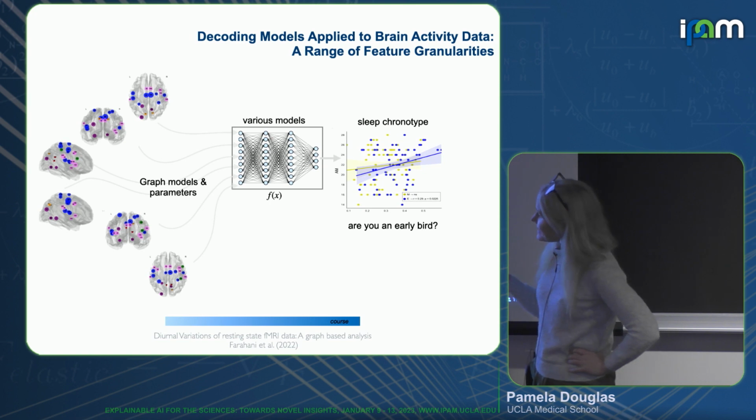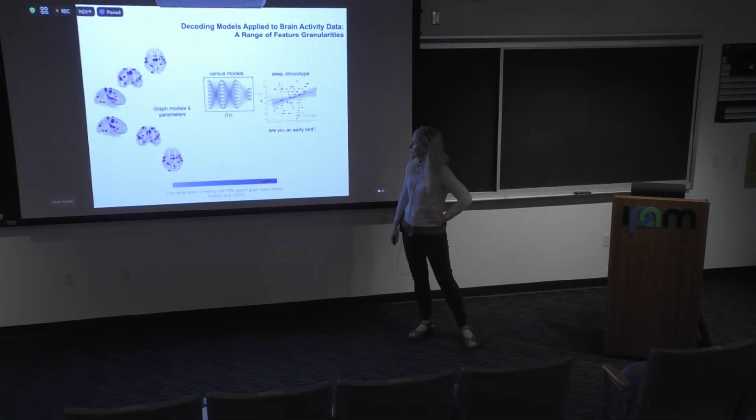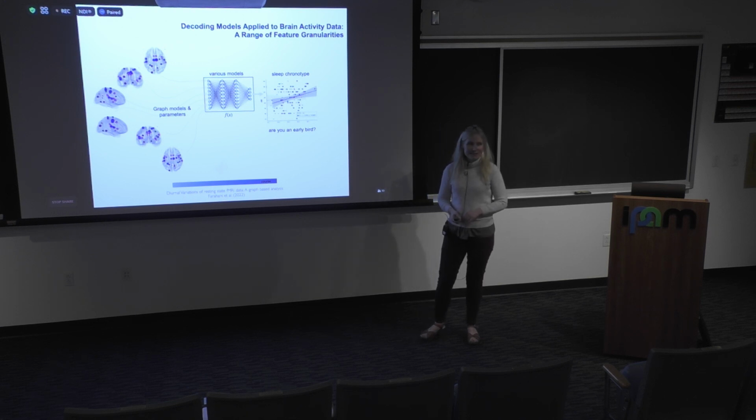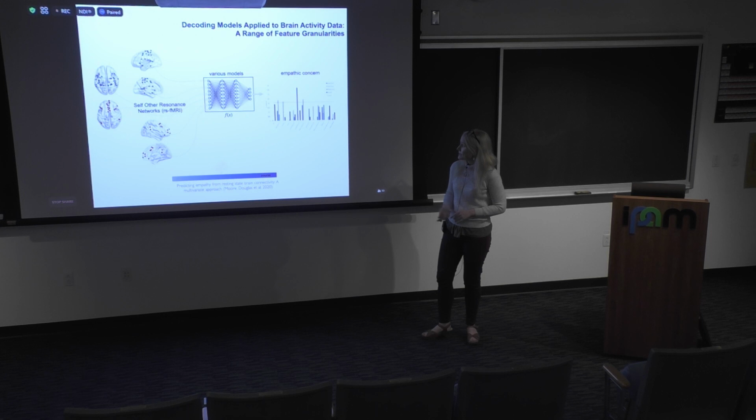So in this case, this came out just last year. We were able to make some nice predictions about sleep chronotype. So are you a night owl or a morning person? And how does that affect your productivity if you're awake at certain times of the day. So that's kind of interesting, and this was based on resting state functional MRI data.